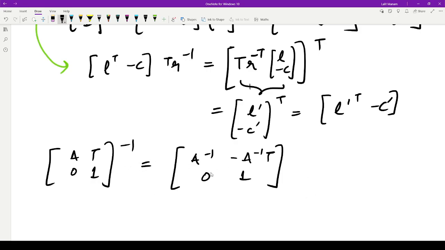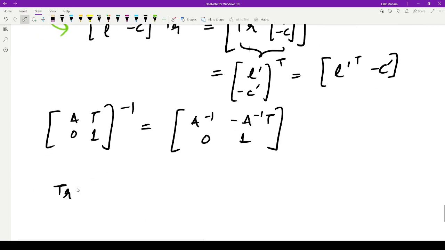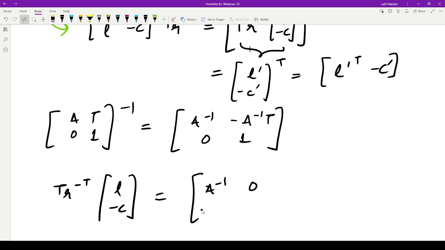So given that this is inverse, now you do inverse transpose of this, times L minus C. So what does it give you? A inverse 0, minus A inverse t, 1, times L minus C.